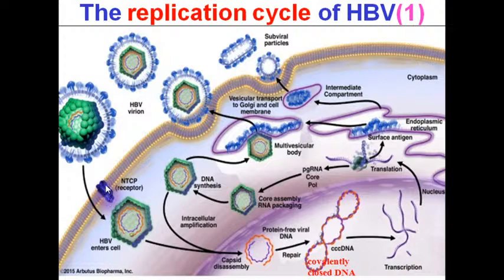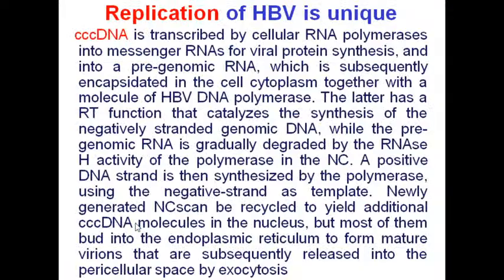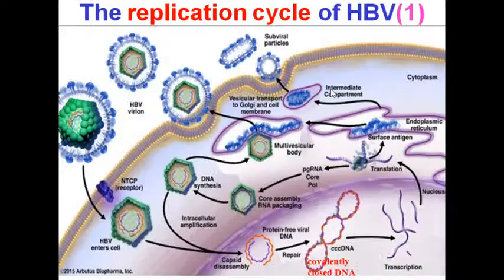NTCP receptor, and enters through receptor-mediated endocytosis. Then it performs the encapsulation, and the pregenomic RNA enters into the cytoplasm together with the polymerase, and will be taken directly into the nucleus.